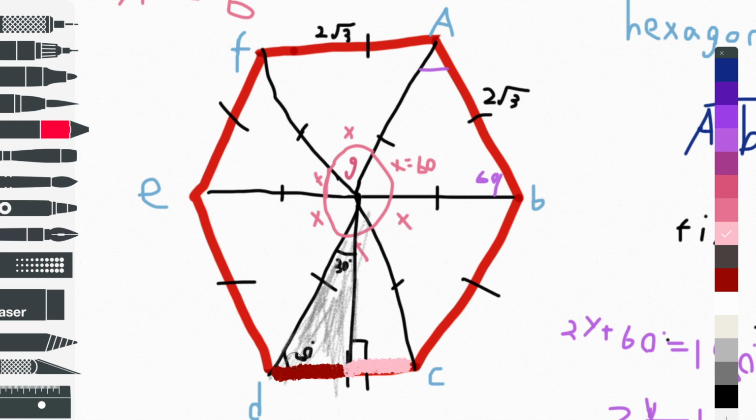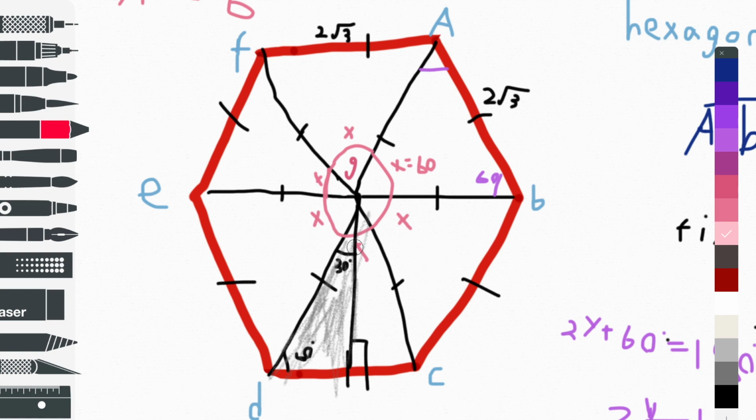We also know that in a 30, 60, 90 triangle, we just have to figure out this one right here. We know that the 60-degree side is basically 2 times the 30-degree side, right?